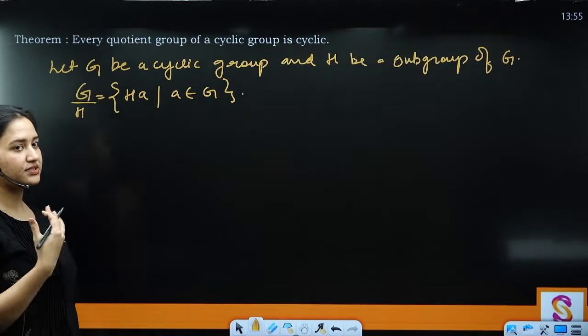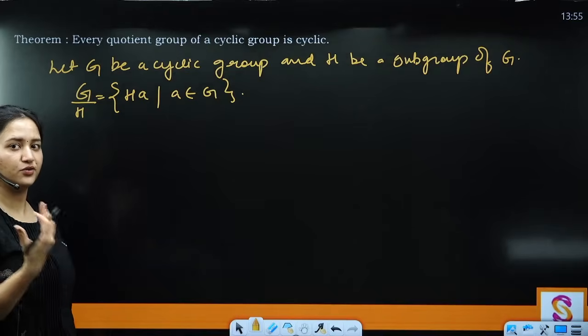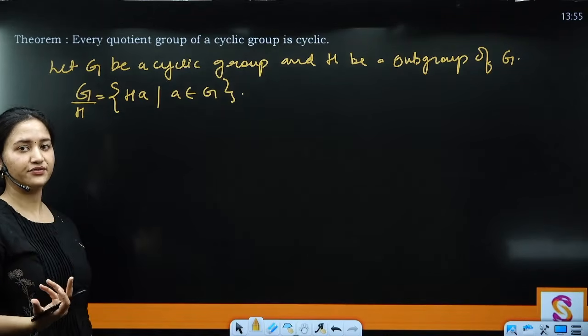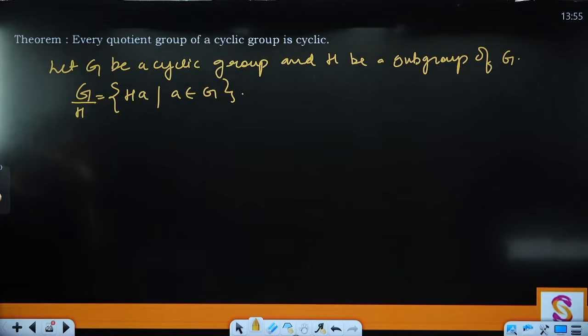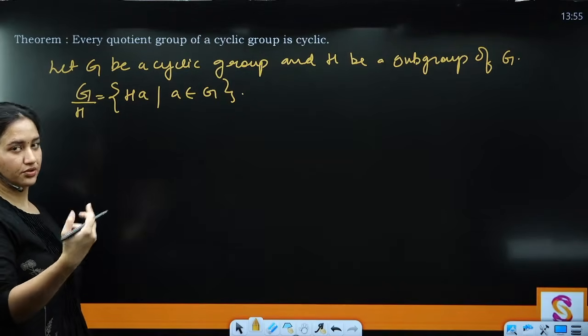If you want to show that a group is cyclic, I need to show that all the elements of that group can be generated by one single element. Here, first let's look at how our G is going to look, right?